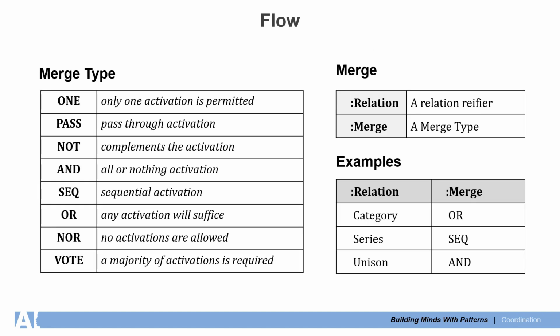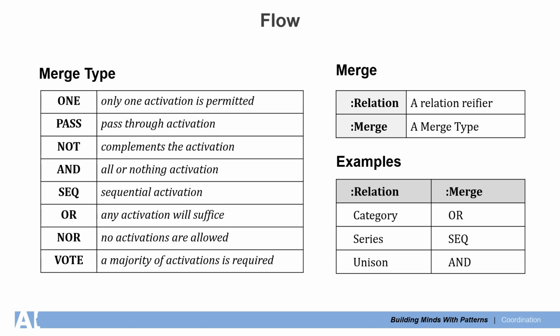The merge types are: 1, only one activation is permitted; pass-through, activation; not, complements the activation; and, all or nothing activation; sequence, sequential activation; or, any activation will suffice; nor, no activations are allowed; and vote, a majority of activations is required.